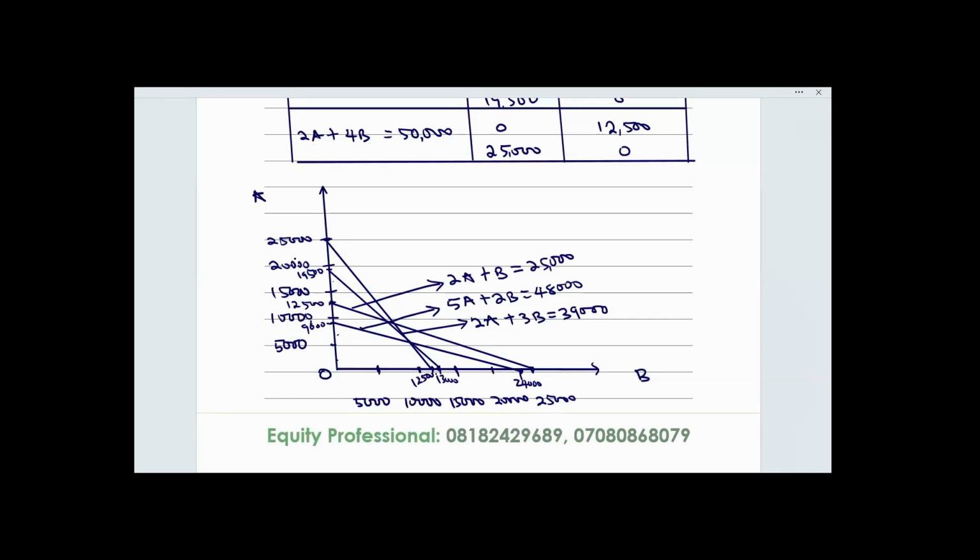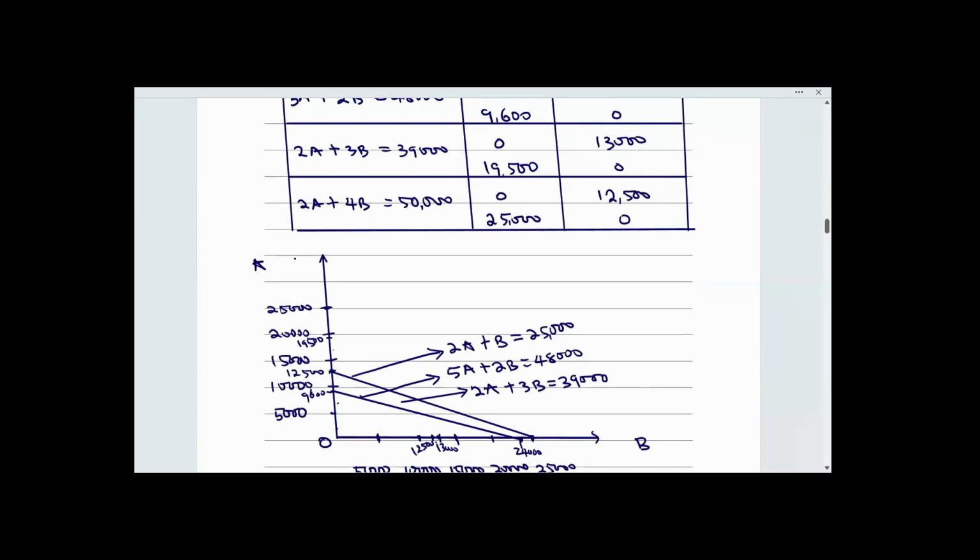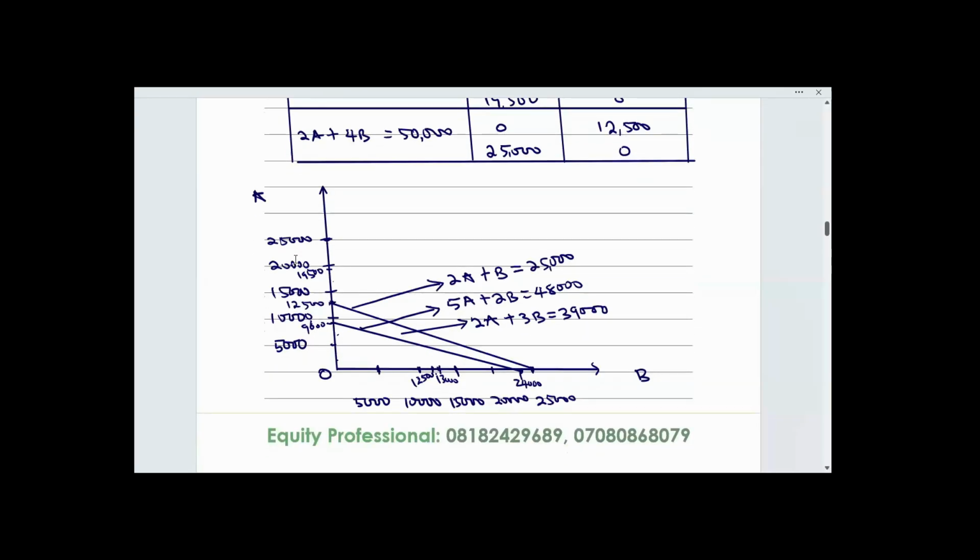It remains small. Let me do 3. 19,500 to 13. I've mistakenly delayed that. 19,500 to 13. Better. Then the last one, 25,000 to 12,500.